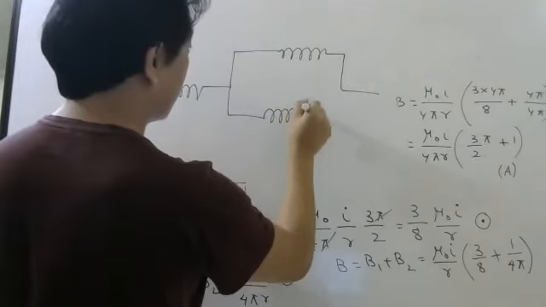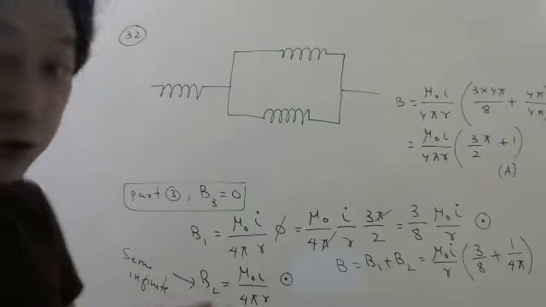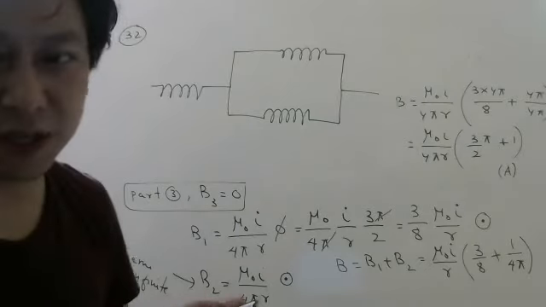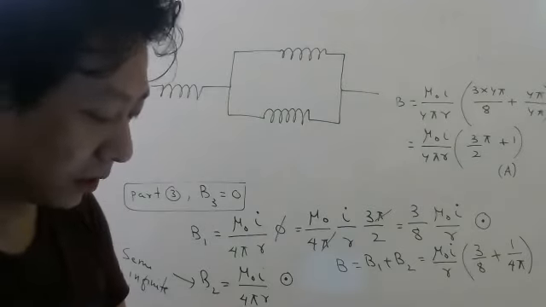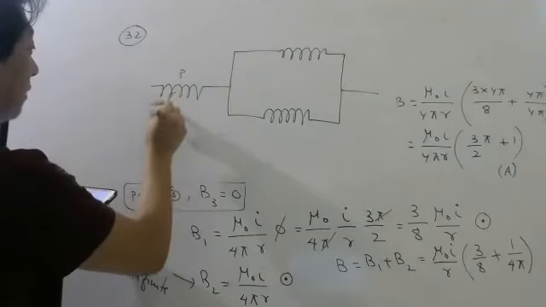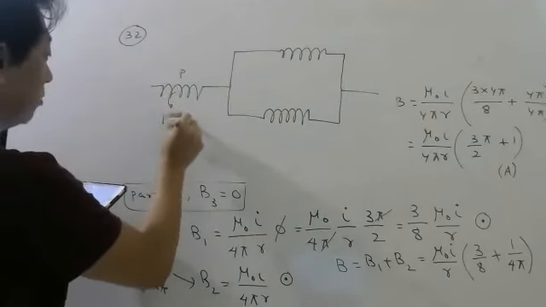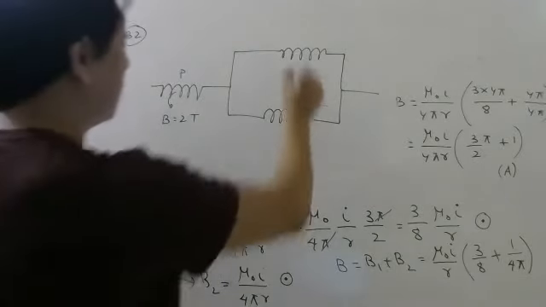These are very long solenoids as mentioned in the question, and they told identical. So number of turns, everything will be same. If the magnetic field at the center of P is 2 Tesla, what would be the magnetic field at the center of Q?